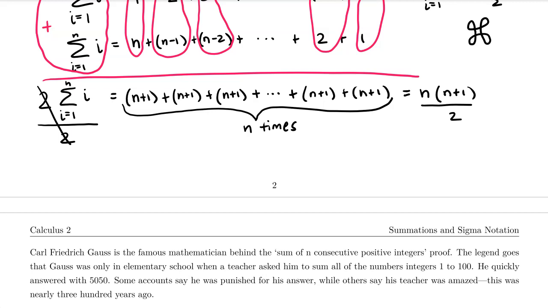So essentially, the story goes that to keep his class busy, this elementary school teacher asked his 3rd graders to sum the first 100 positive numbers. So 1 plus 2 plus 3 plus 4 plus ... all the way to 100. And Gauss, being the brilliant mathematician that he is, was like, well, what if I reverse it?